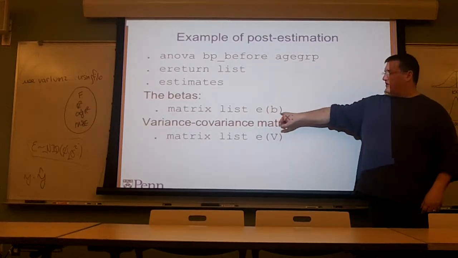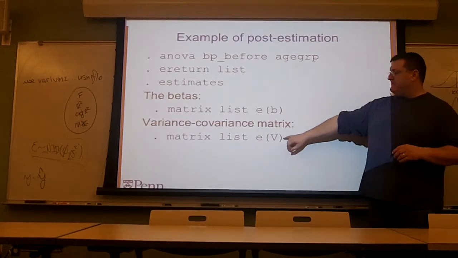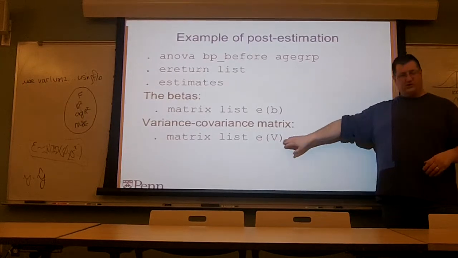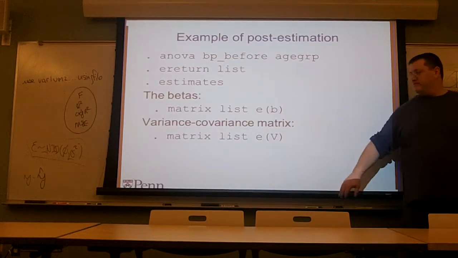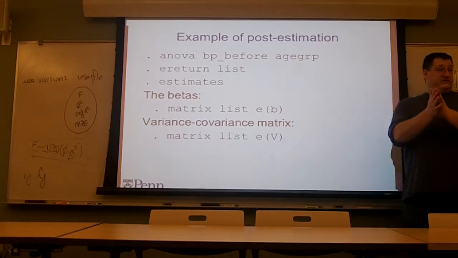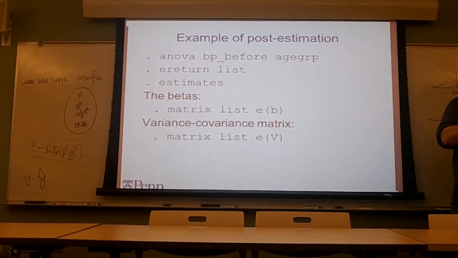Here are our betas, our parameter estimates. This is how I can get a variance-covariance matrix. I'm just putting it there. Not that we would ever use it in this class, but you could if you wanted. From a variance-covariance matrix, you can compute correlations between your variables, which gets to the idea of, didn't we talk about something called multicollinearity? So we can begin to do that.